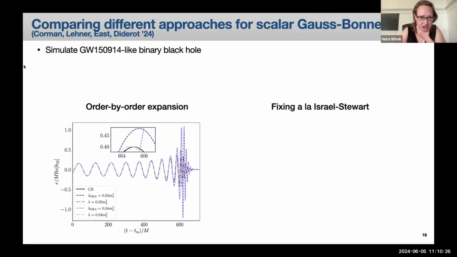And the first plot that I'm showing you here is comparing the full evolution with this order by order expansion. Again, what I'm plotting here is a quadrupole gravitational wave strain as a function of time, where in black is just general relativity. Then the green and the pinkish curve are the full evolution for two different parameters.